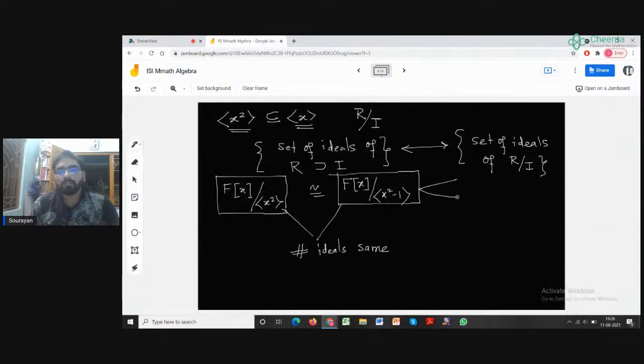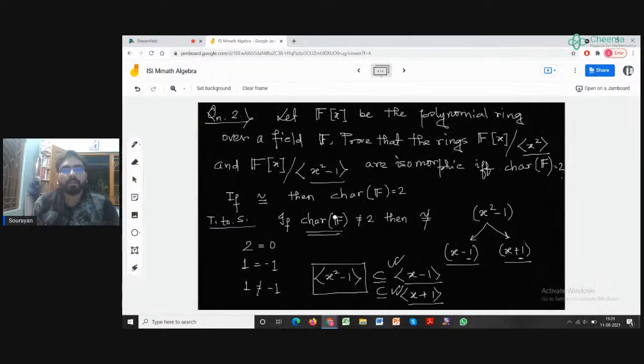It has two ideals, the class of the ideal x - 1 and the class of the ideal x + 1. Okay, so this is the quotient class. Whereas here it has only one ideal, the quotient class of the ideal generated by x. So these are not isomorphic if characteristic of F is not equal to 2.